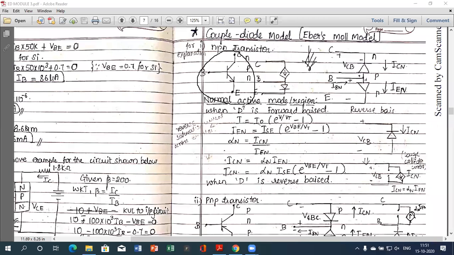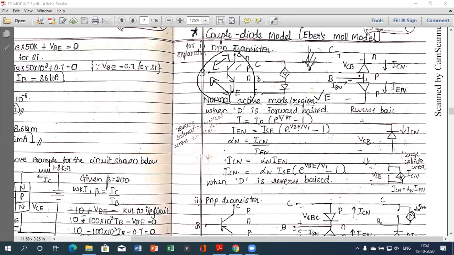Now we have considered that this transistor operates in the normal active mode region, which is written here. If this transistor operates in normal active mode, then base to emitter will operate in forward biased condition and the collector to base will operate in reverse biased condition.